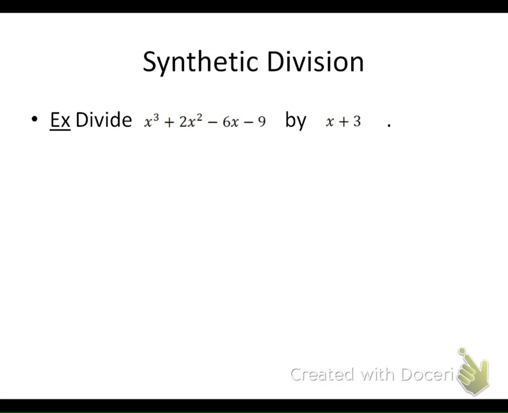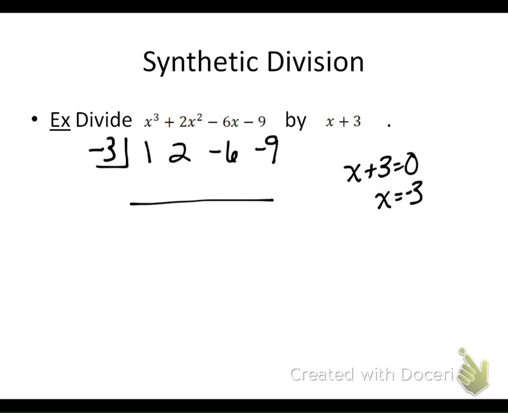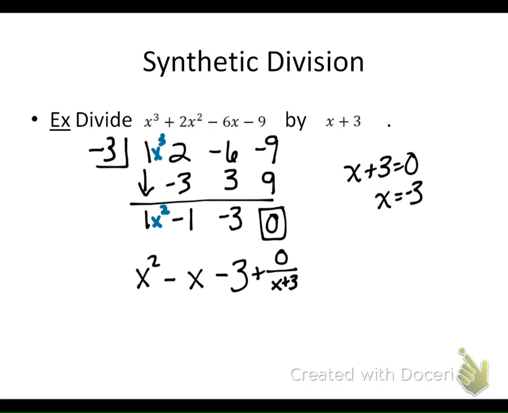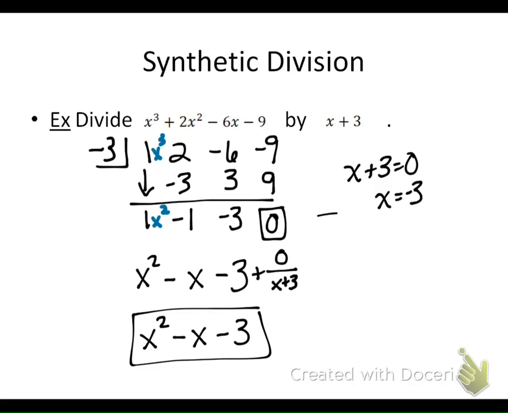Let's try it again. Pause and then check at the end. Instead of writing our solution as x squared minus x minus 3 plus 0 over x plus 3, we just write it as x squared minus x minus 3. When you get a 0 in this spot, that means there's no remainder.